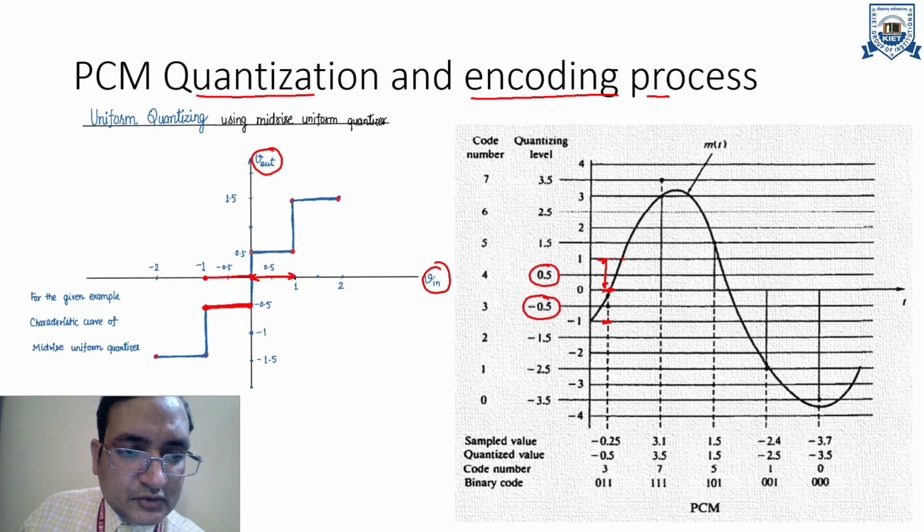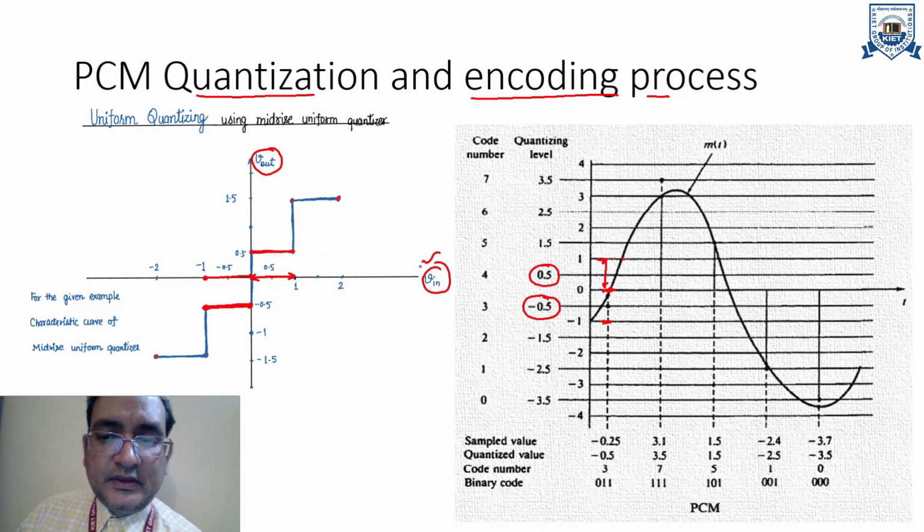You can clearly see how this curve is associated with the output, or our quantizer has the same input output characteristic curve, and we are performing the quantization as well as the encoding process.